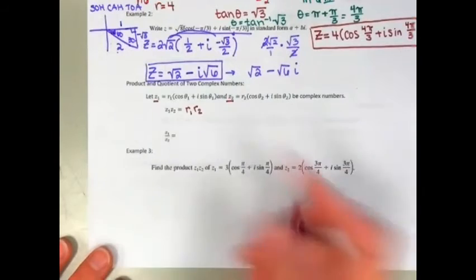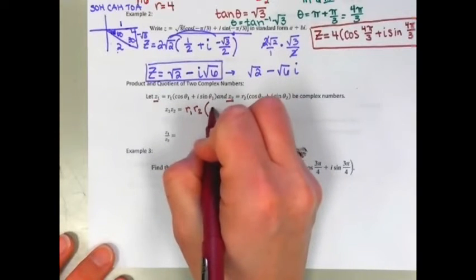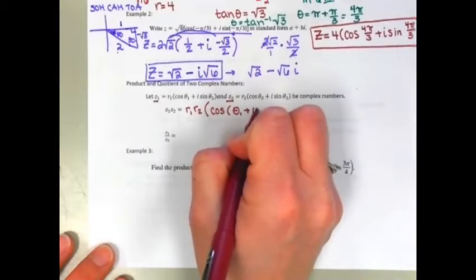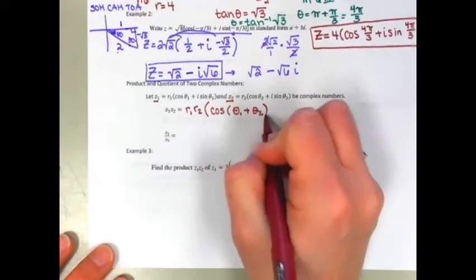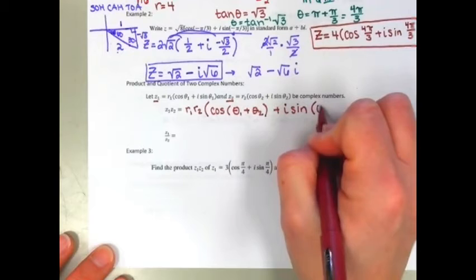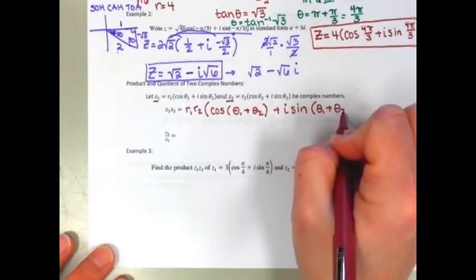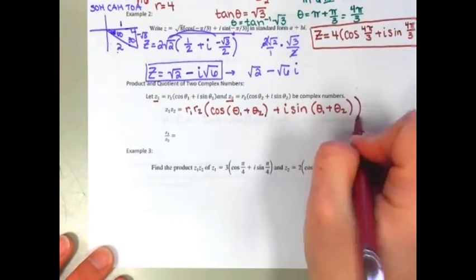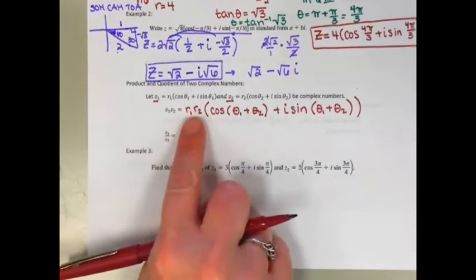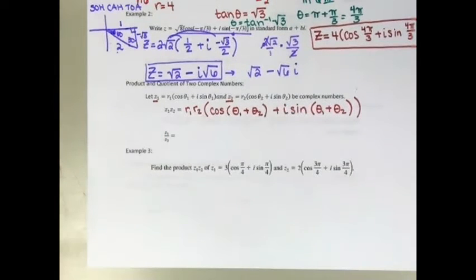The distance there, times the quantity of cosine of theta 1 plus theta 2, plus i times the sine of theta 1 plus theta 2. So we want to multiply the radii, and then we're going to add the thetas.